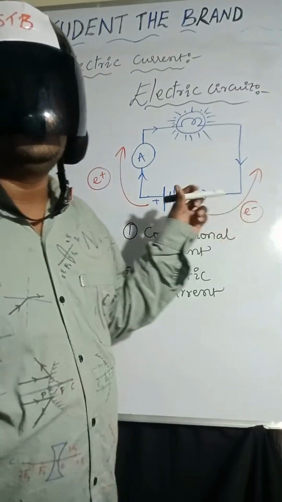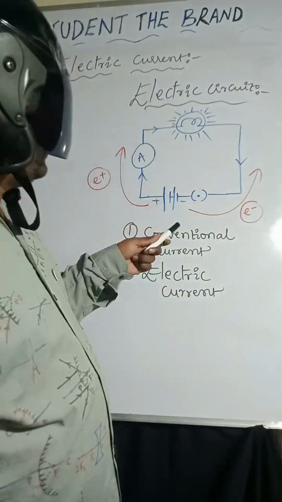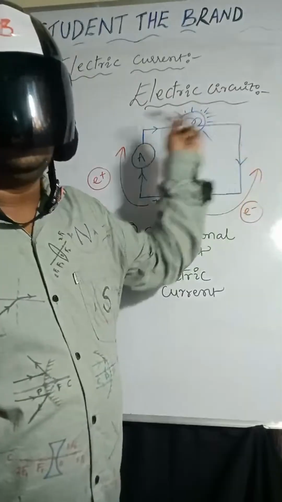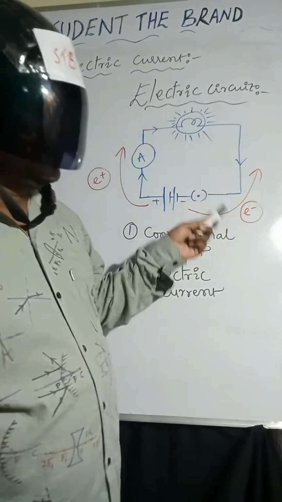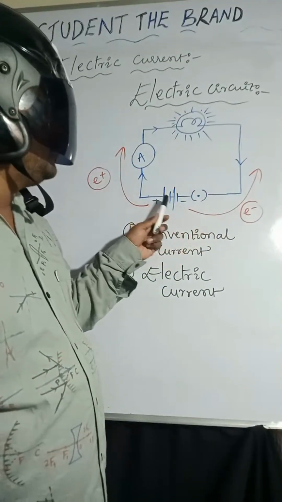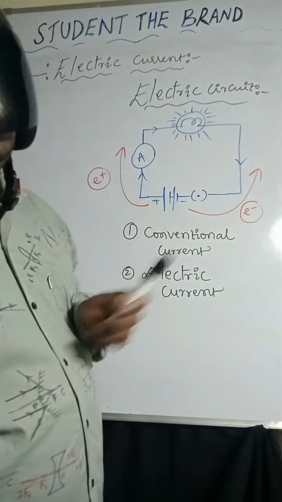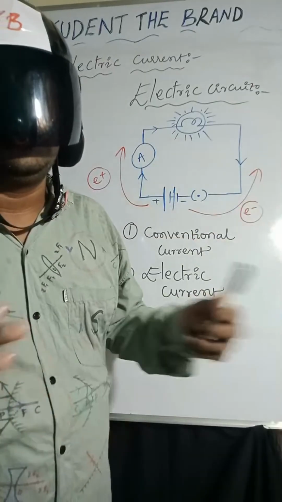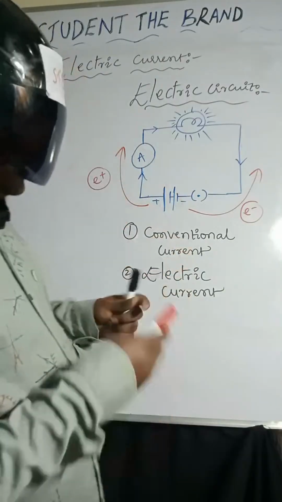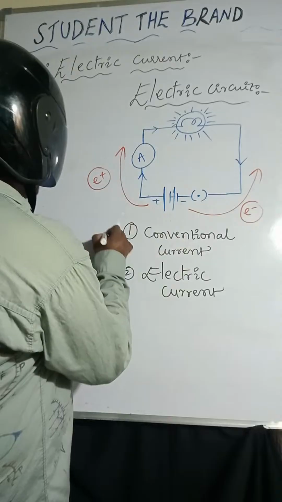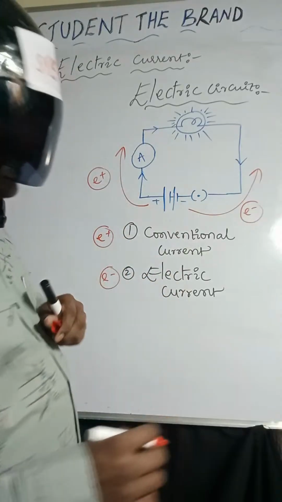Positive charges will move from the positive terminal to the negative terminal, whereas electrons will move from the negative terminal to the positive terminal. So conventional current is the flow of positive charges, and the flow of electrons is known as electric current.